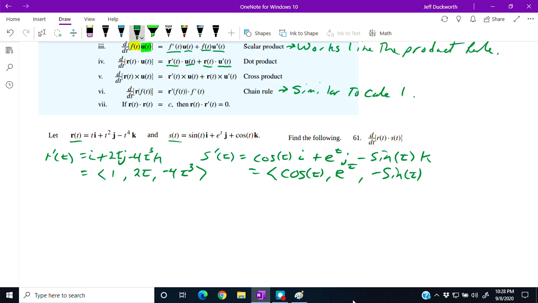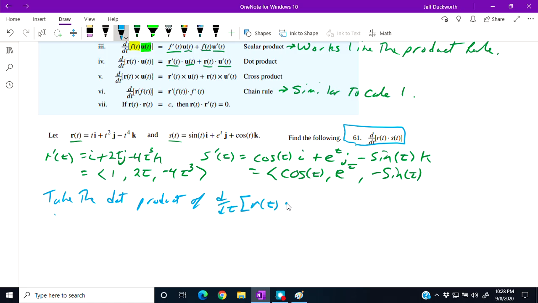All right, so now we're going to take the dot product. We're taking the derivative of the dot product here. This equals, we have to take the derivative of the first one.